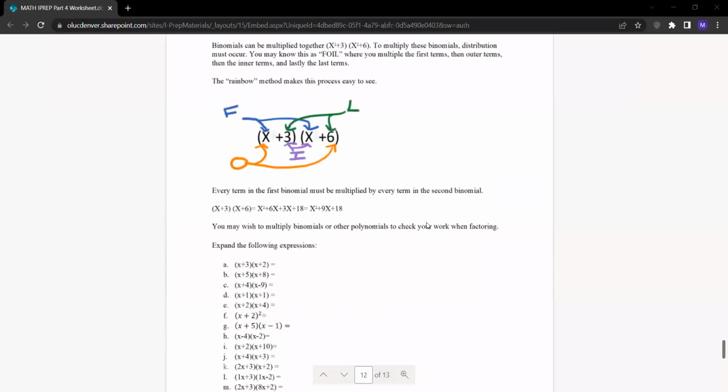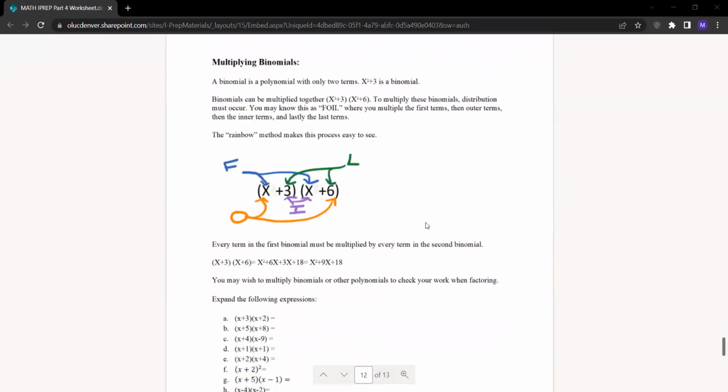So now we'll finish out by going through multiplying binomials. A binomial is a polynomial with only 2 terms. So x plus 3 is an example of a binomial. Another example is x plus 6. You can multiply binomials together. To do this, you have to do something called distribution, and this falls under the term FOIL.